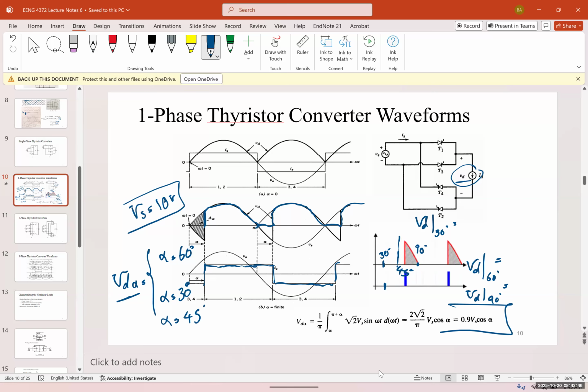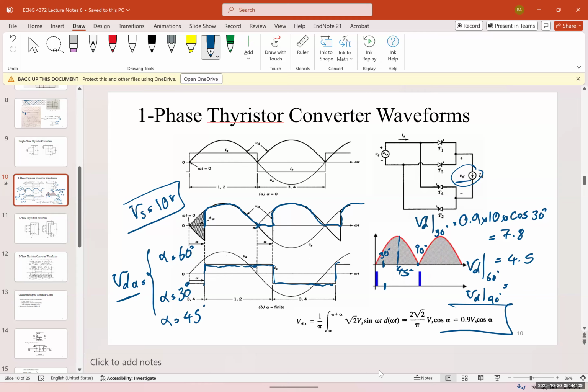Okay. So what is it at 30 degrees? It's going to be 0.9 times 10 times cosine of 30 degrees. And what is this? Thank you, 7.8. And what about 60 degrees? 4.5.